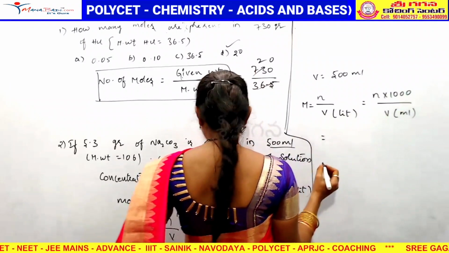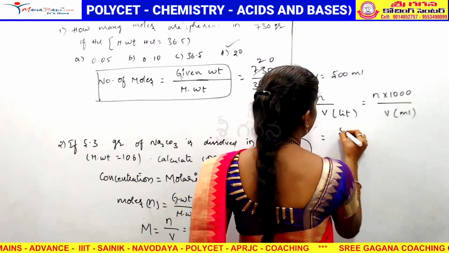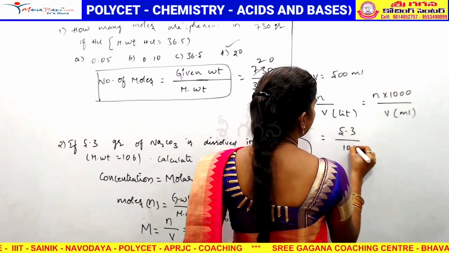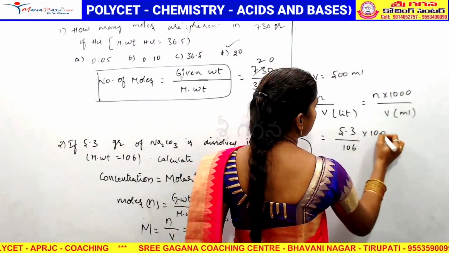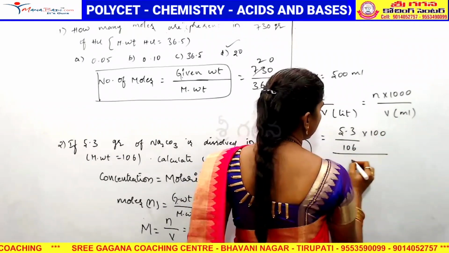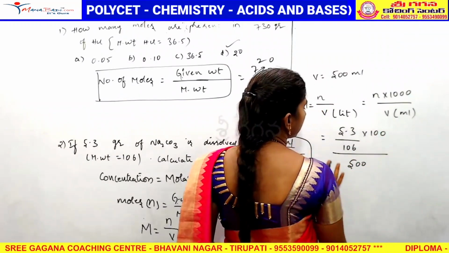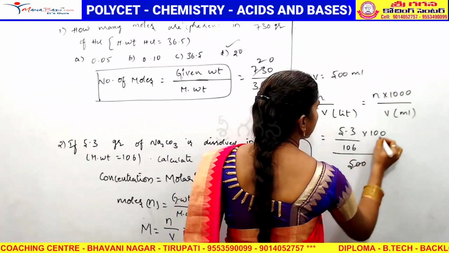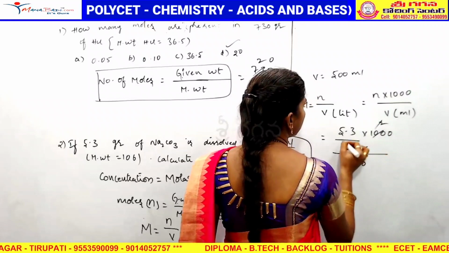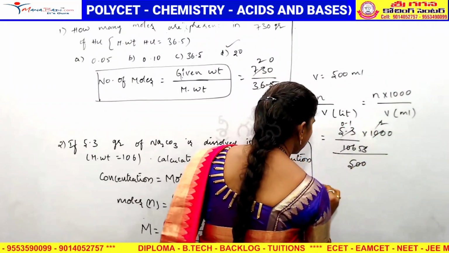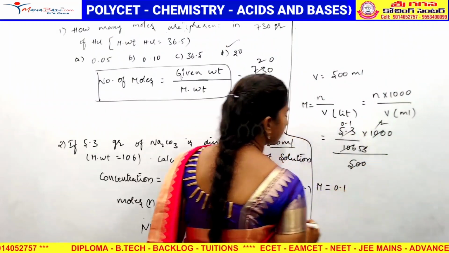Now N value 5.3 by 106, into 1000 by 500. So this we can write as 0.1. Molarity is equal to 0.1.